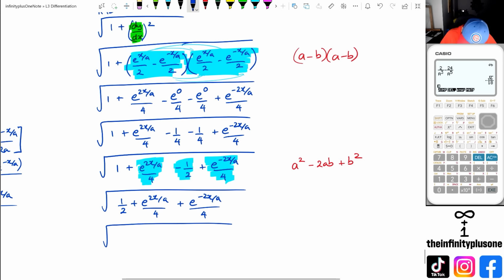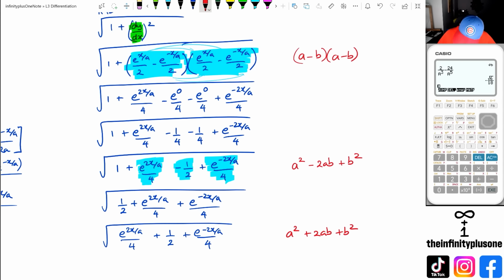Now watch what happens if I do this. If I rewrite this, I'm going to get e to the power of 2x over a over 4 plus half plus e to the power of negative 2x over a over 4. Because what I've done here now, I've actually got a squared plus 2ab plus b squared.